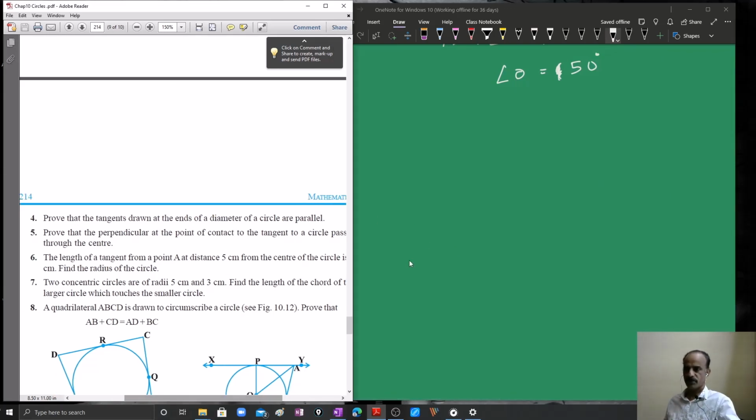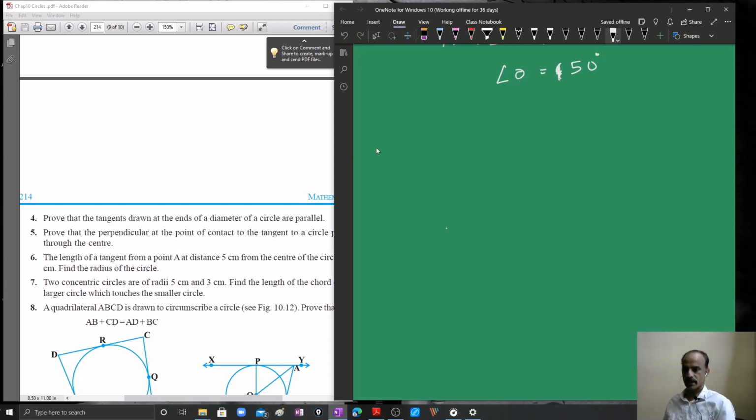Question number 4. Prove that tangents drawn at the ends of the diameter of a circle are parallel. So there is a circle and there is a diameter.